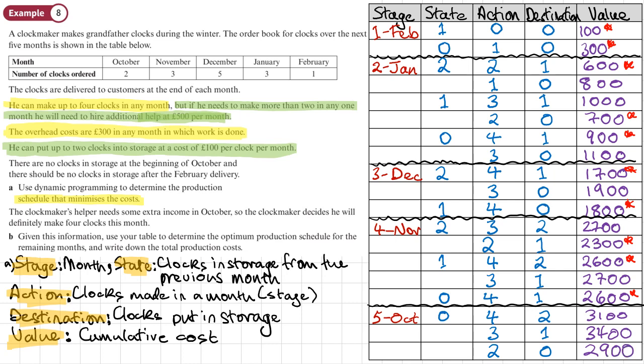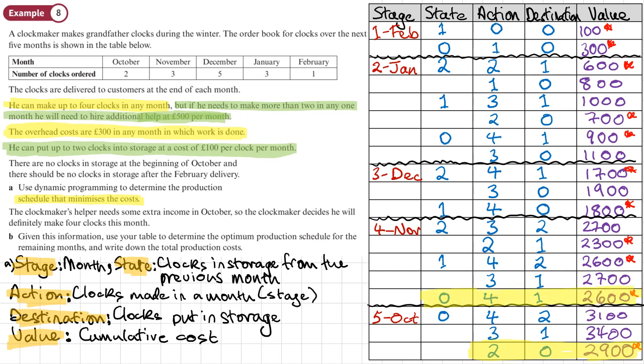So now let's trace this route back. So our minimum cost is here, with 2 being made in October, but none to carry forward to the next month. So it's going to be a minimum cost here, and then 4 being made in November and 1 being carried forward to the next month.